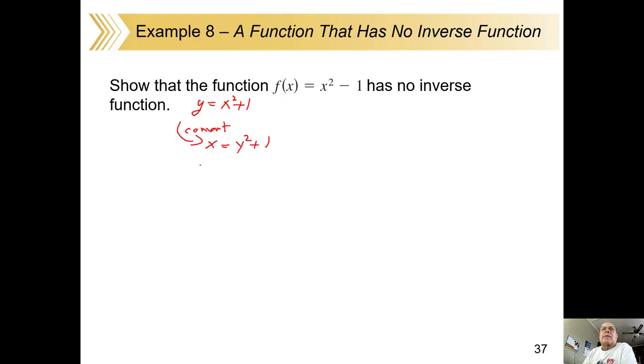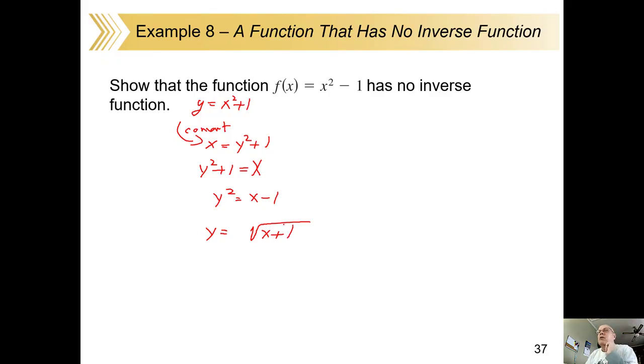Let's see. First of all, I'm going to swap the two sides. That's easy. And then, that's supposed to be an x. There we go. Let's subtract 1 from both sides. And then I'll take the square root. That looks like a function. Oops. Wait.